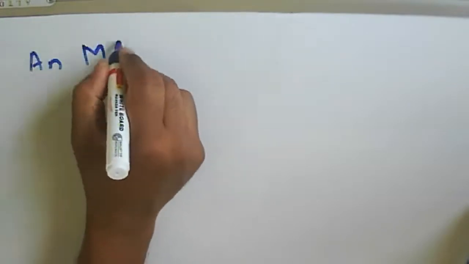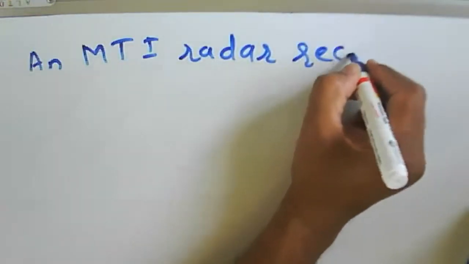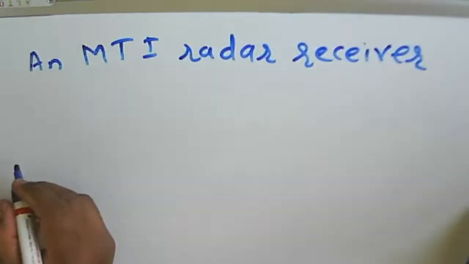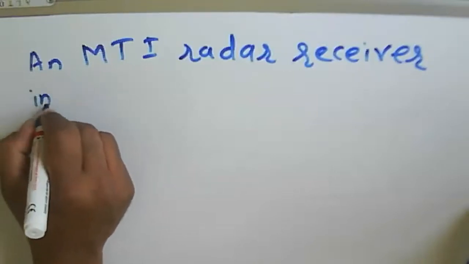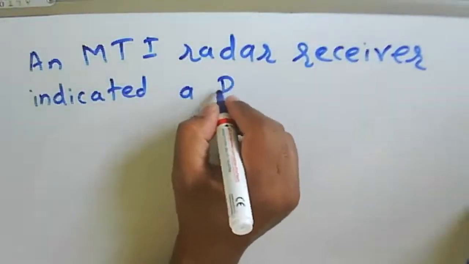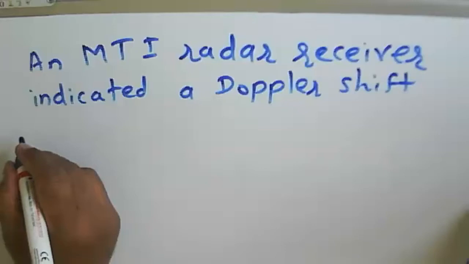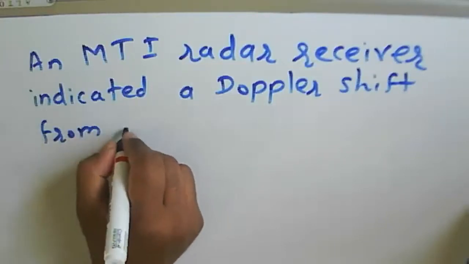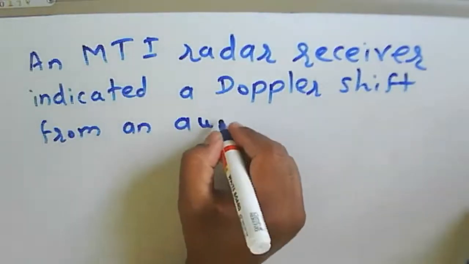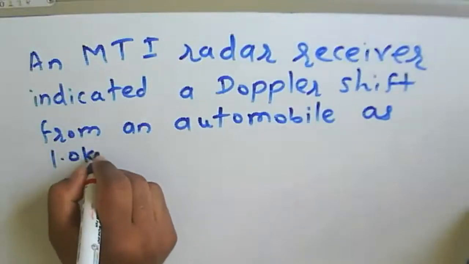Okay, so now next: an MTI radar receiver indicated a Doppler shift from an automobile as 1.0 kilohertz.